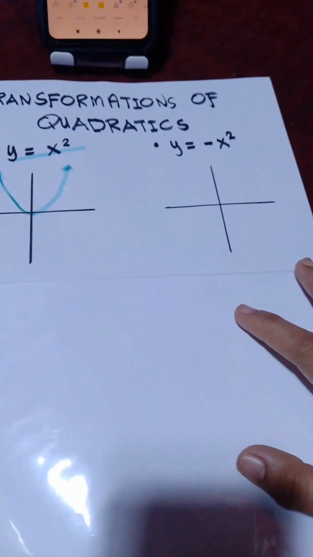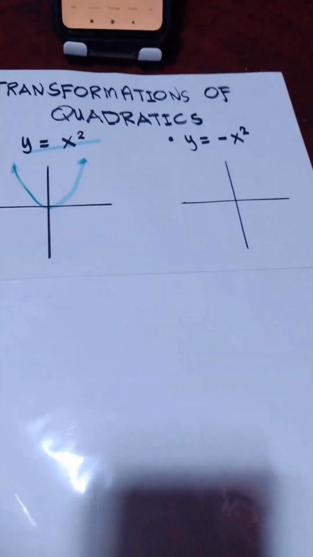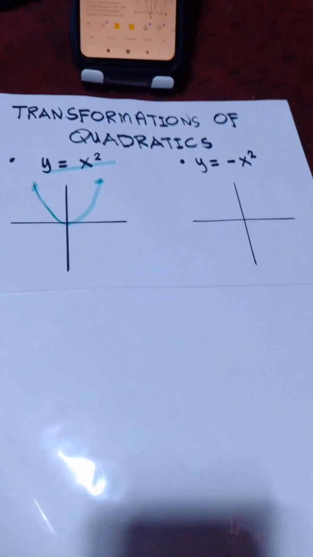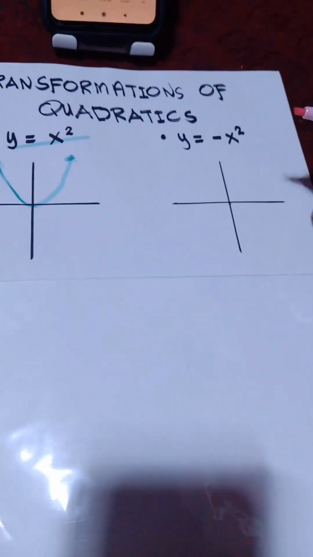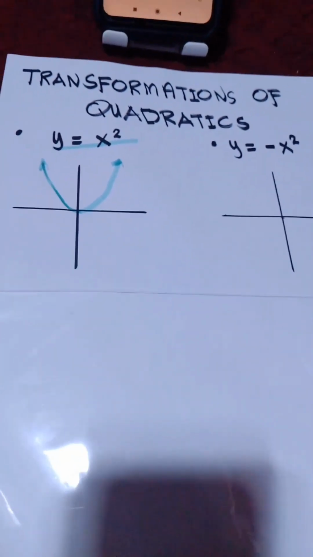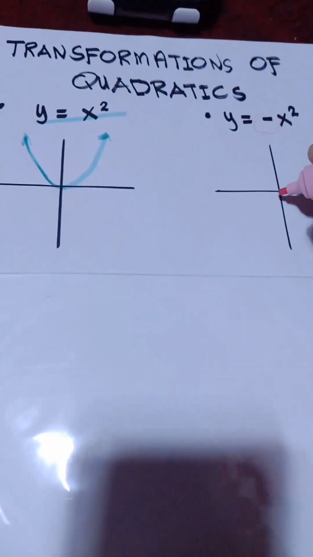So this is the sketch or the graph of y equals x squared. How about y equals negative x squared? Same thing, the vertex is at the origin, and since it's negative, it opens downward.